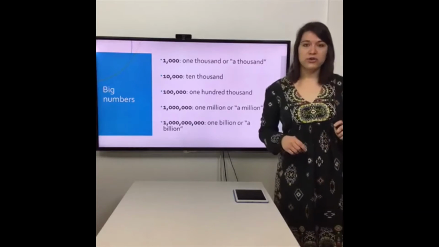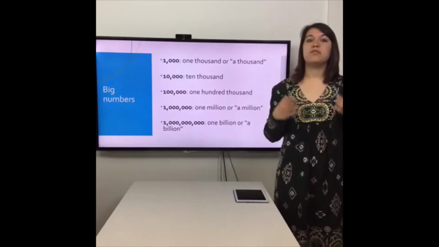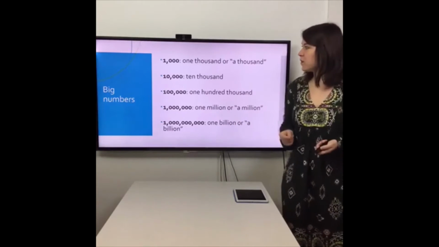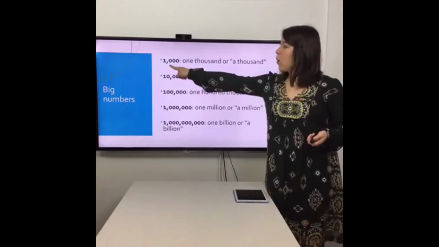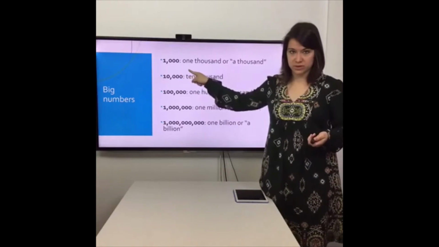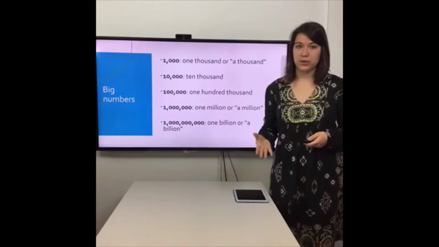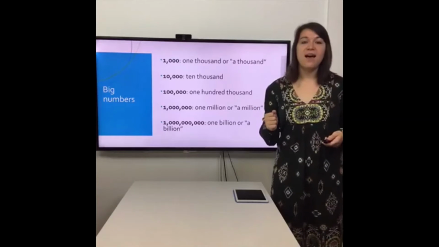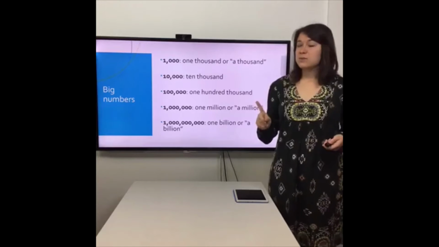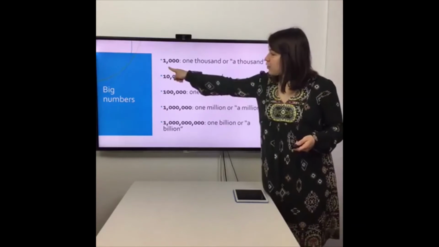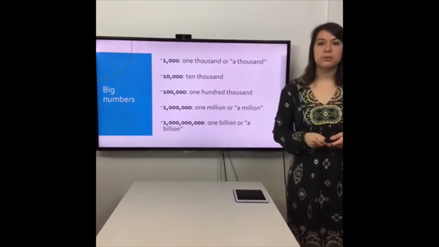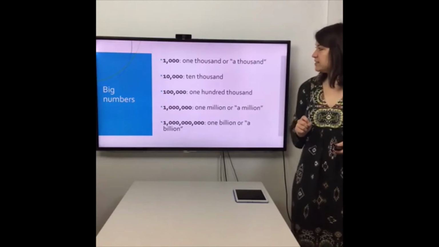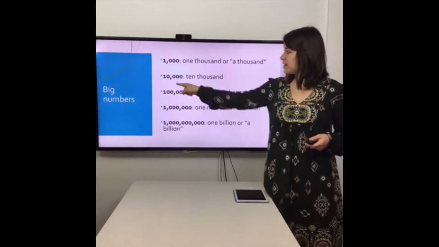Talking about cardinal numbers, let's look at some of the big numbers, how we pronounce them, and how they're written. Okay? This number here, 1,000, so a 1 followed by 3 zeros, is one thousand. Note that the 1,000 in English is represented with a comma, not a decimal point. Okay? This is different. So let's look at the second example.